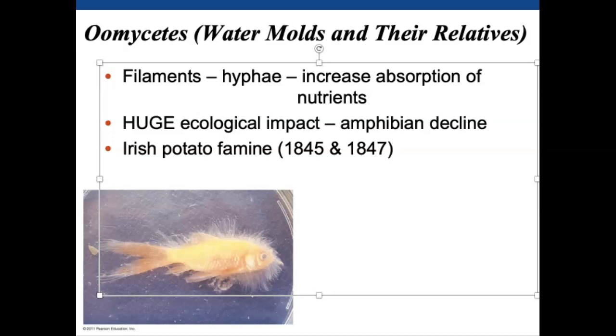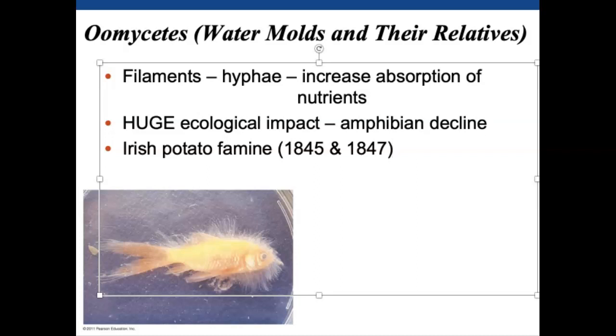It's due to oomycetes, or water molds. They had lots of rain, excessive rainfall in Ireland those years, and the potato harvests were decimated because of this water mold. And the problem is, if it's in your fields, you can't get rid of it.